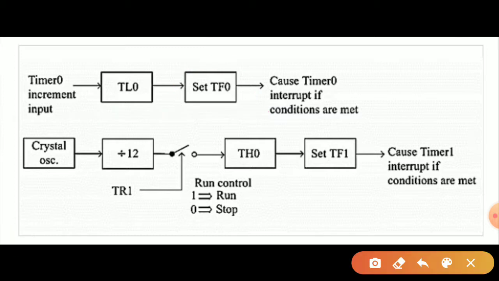Whereas another split timer which is using TH0 can be used only as the timer, because it has no external input provision, no external switch input provision for the same timer 0.